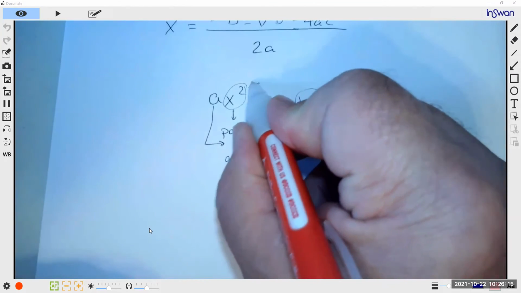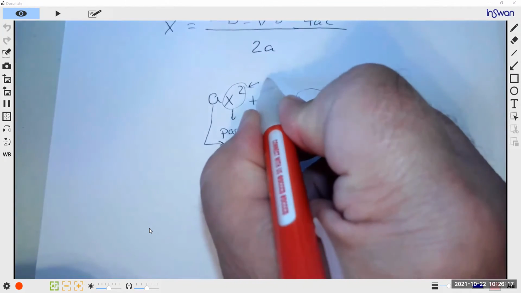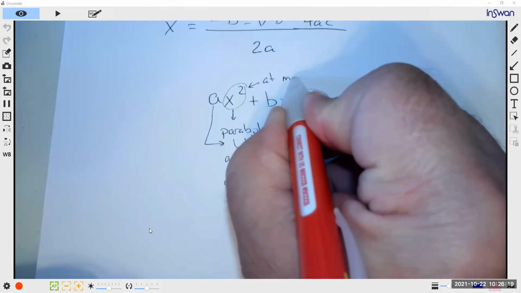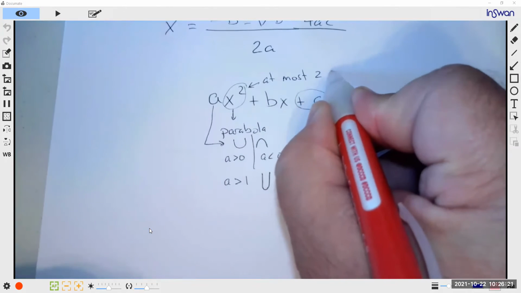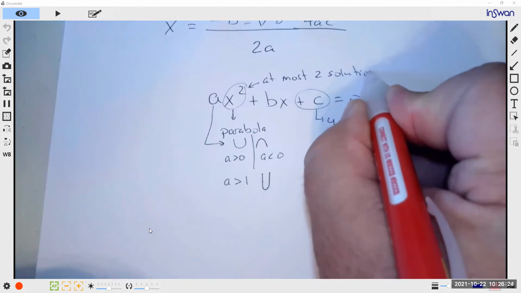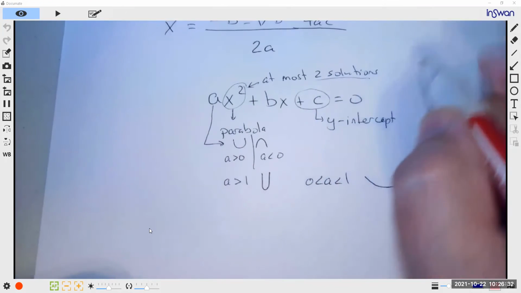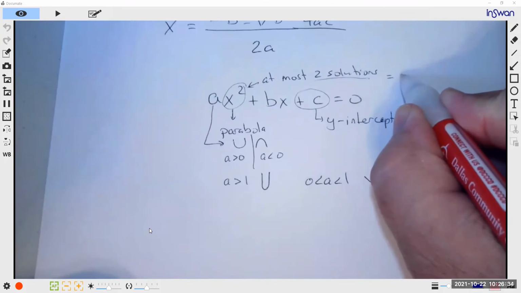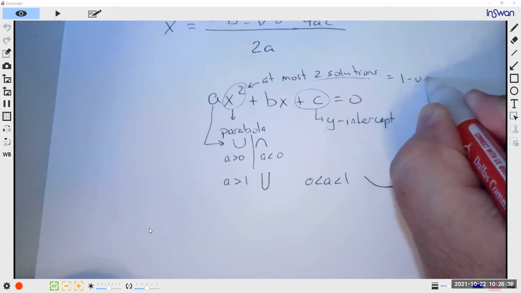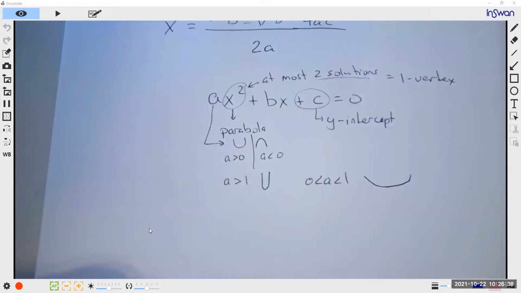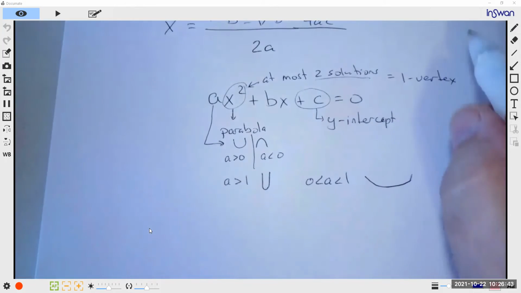This 2 tells us at most 2 solutions, and since we have 2 solutions, we're going to have one vertex.